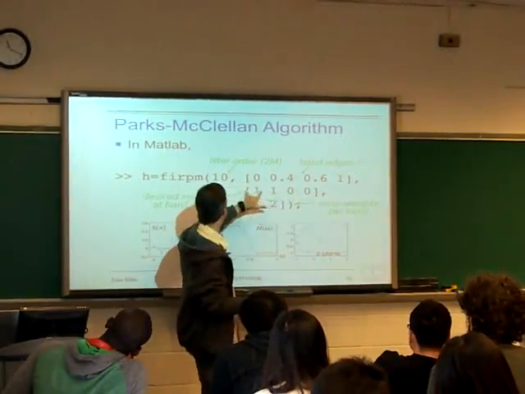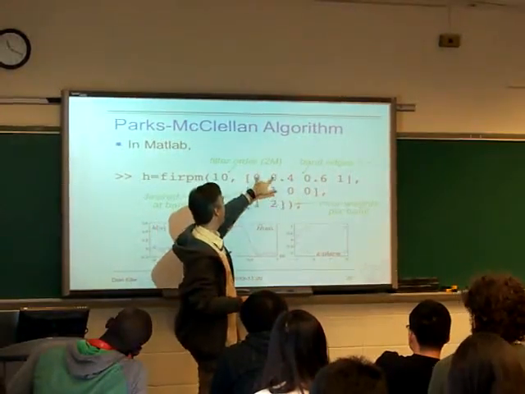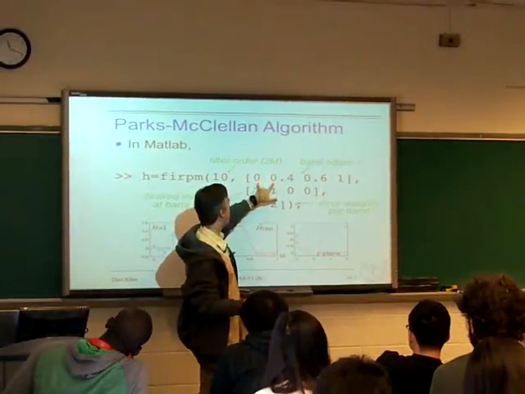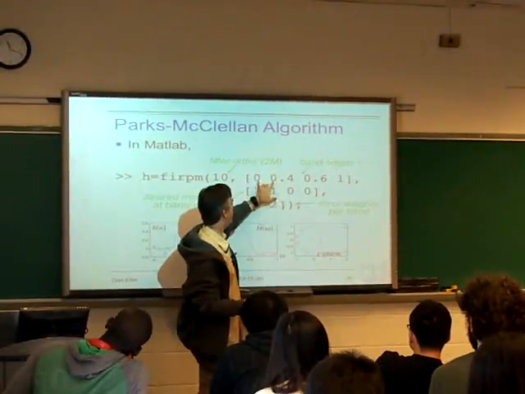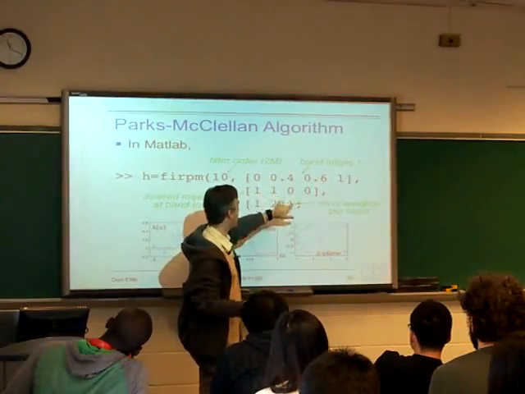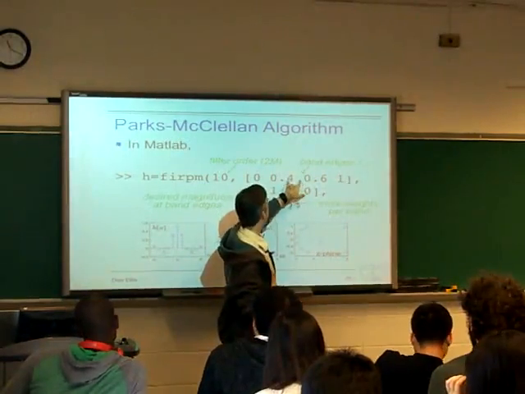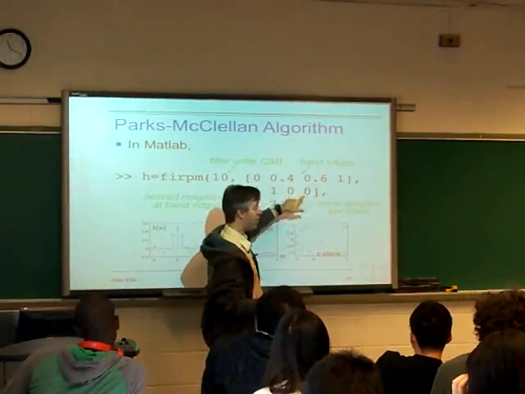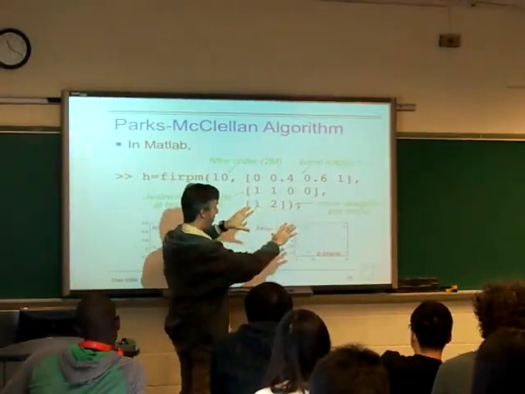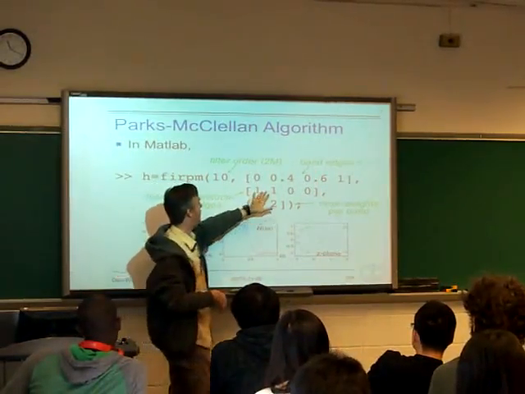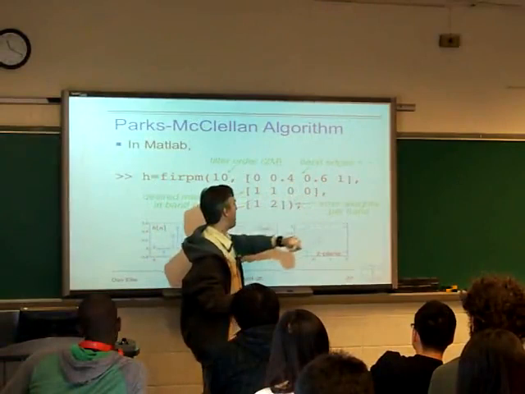You specify whether it's a pass band or a stop band by giving, for each frequency, a corresponding magnitude that you want. So you want a magnitude of 1 at 0 and 1 at 0.4, that's our pass band, and 0 at 0.6 and 0 at 1, that's our stop band. Between 0.4 and 0.6 is our transition band. They come in pairs, and in between each pair there's a transition band. But we could have different values in here.